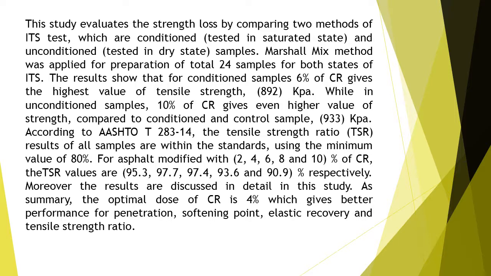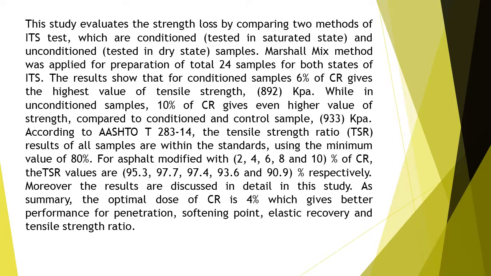The results show that for conditioned samples 6% of CR gives the highest value of tensile strength, 892 kPa, while in unconditioned samples, 10% of CR gives an even higher value of strength, compared to conditioned and control samples, 933 kPa. According to AASHTO T283-14, the tensile strength ratio, TSR, results of all samples are within the standards, using the minimum value of 80%.